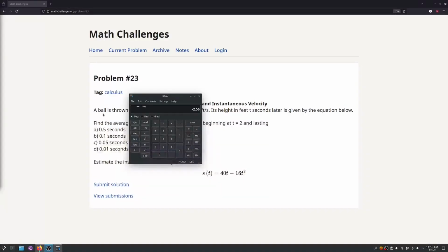So if I go back to the calculator, I'll just do the weird part first. 2.05 squared times 16. 67.24.